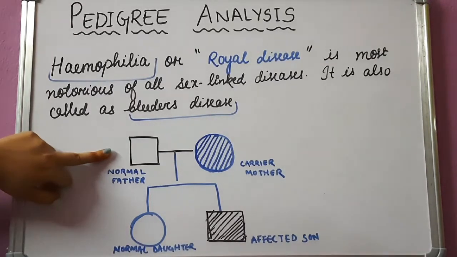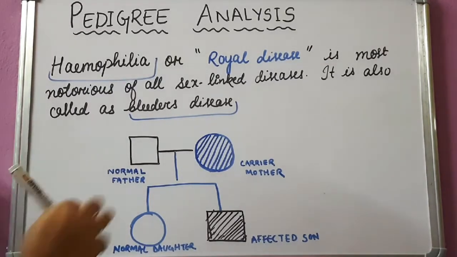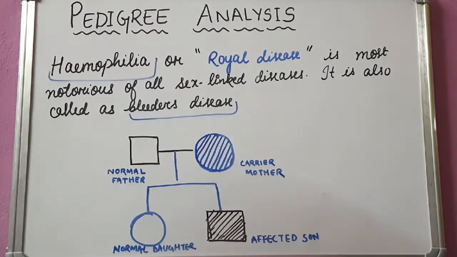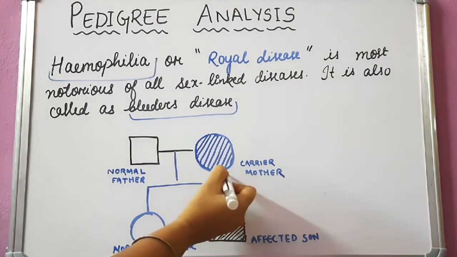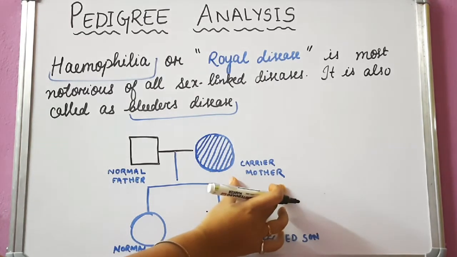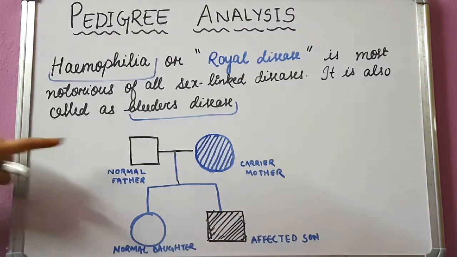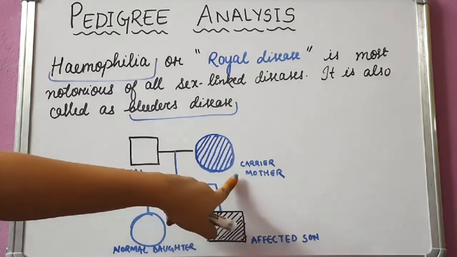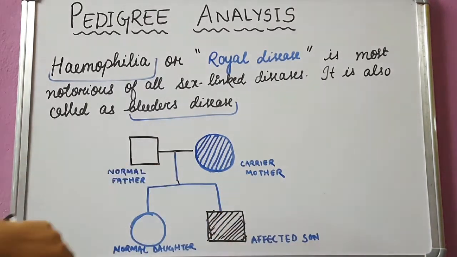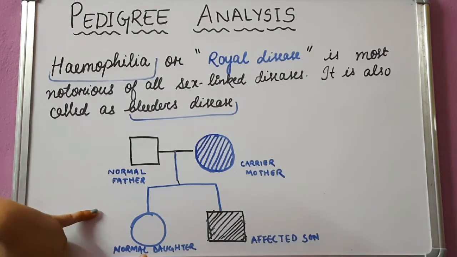Here we have taken a normal father, who is a hollow square. Here it is an infected mother. We call her a carrier mother. She is colored. Here it is a normal father, and she is a carrier mother. It gives rise to a normal daughter.